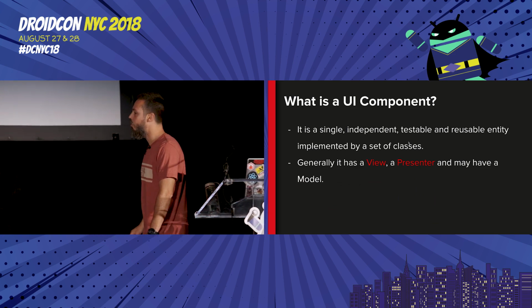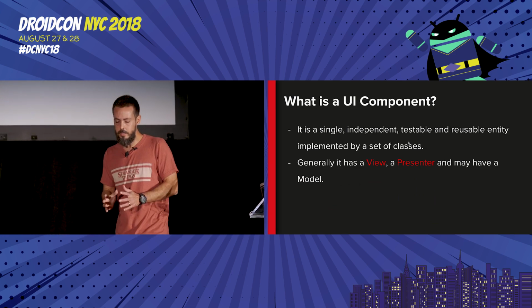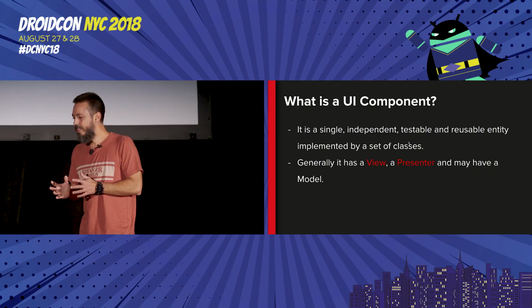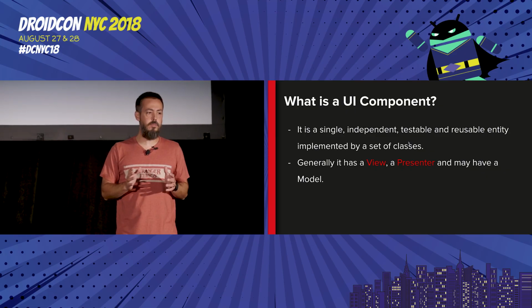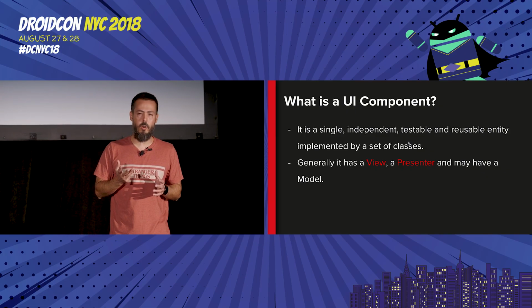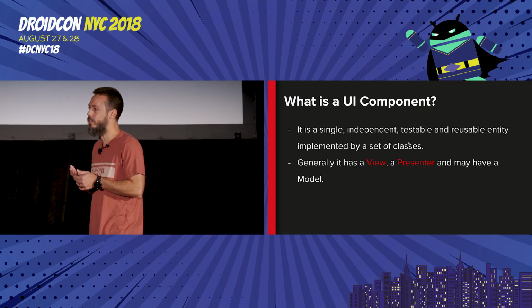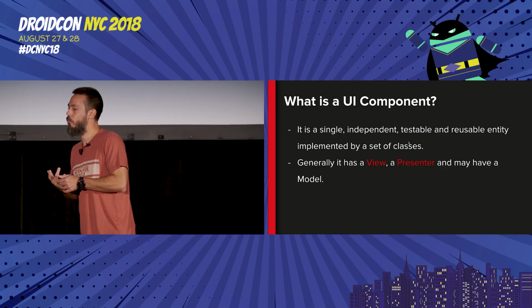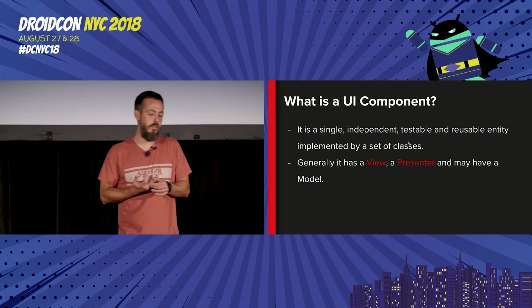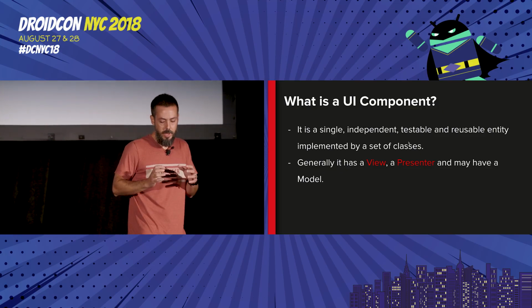So what is a UI component in this architecture? A UI component is an entity that is formed by 3 classes, or 2 classes if you don't need the model. So we have a view class, we have a presenter class, and we may or may not have a model. They are very independent.